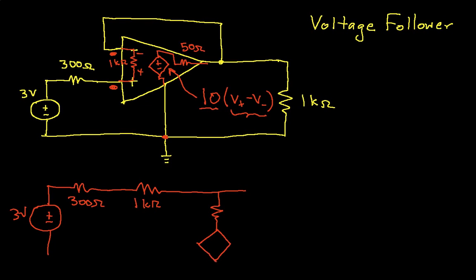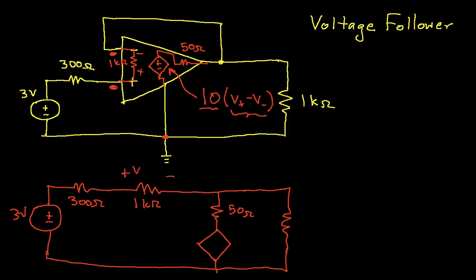This is 50 ohms, and this is 1 k ohm. And this is V+ minus V-, and this is going to be 10 times V+ minus V-.